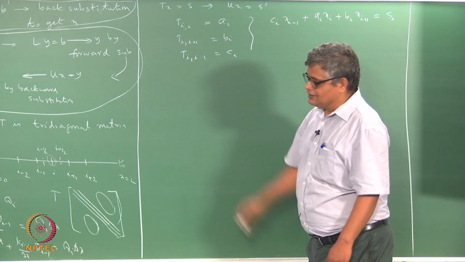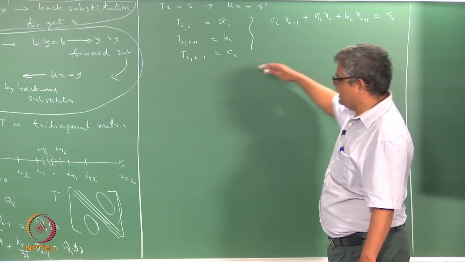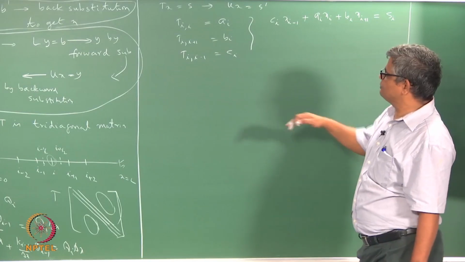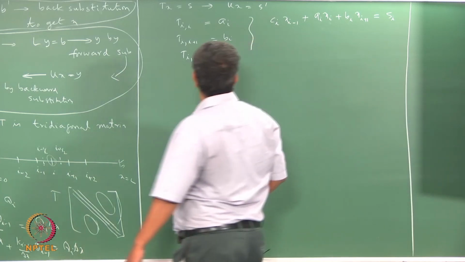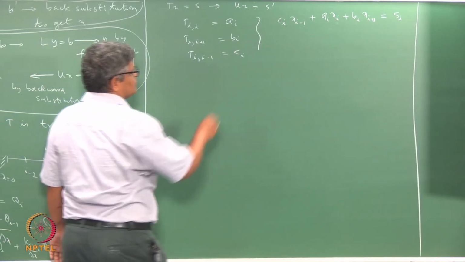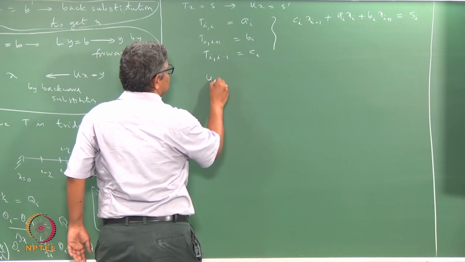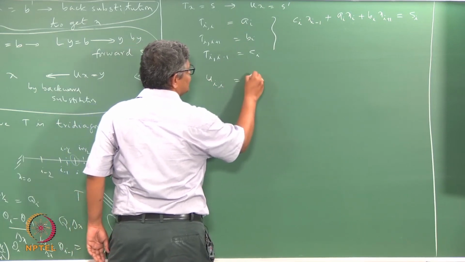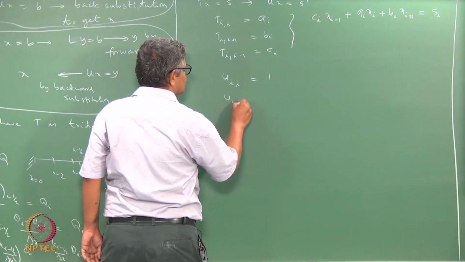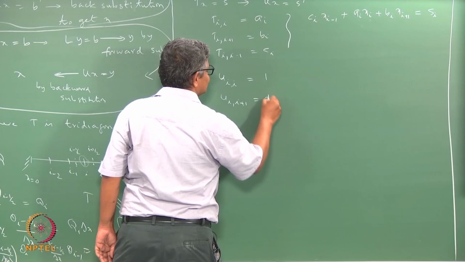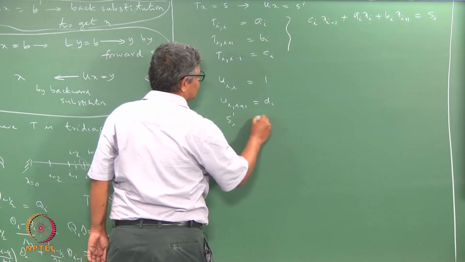So, this is the equation that we wish to solve for n unknowns x1, x2, x3 all the way up to xn, and we would like to convert this into Ux equal to S prime, where u_ii is taken to be 1, u_{i,i+1} is given as d_i and S prime_i is given as y_i.